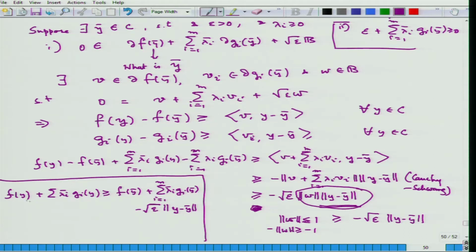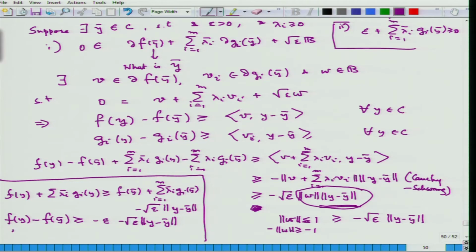Now, this whole thing is of course less than f y. So, I can write f y minus f y bar is bigger than... what did I have? I had that epsilon, because of that result I had this thing is greater than minus epsilon, this whole thing. So, I will have minus epsilon minus root epsilon norm y minus y bar.